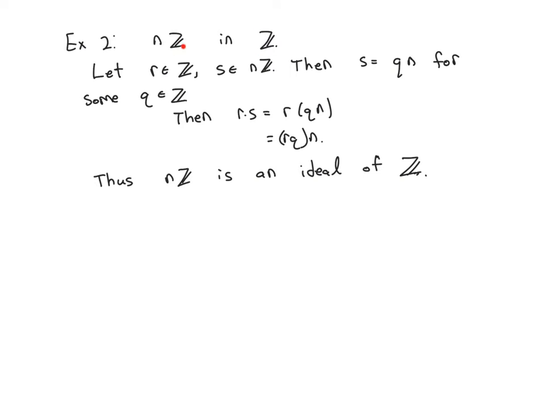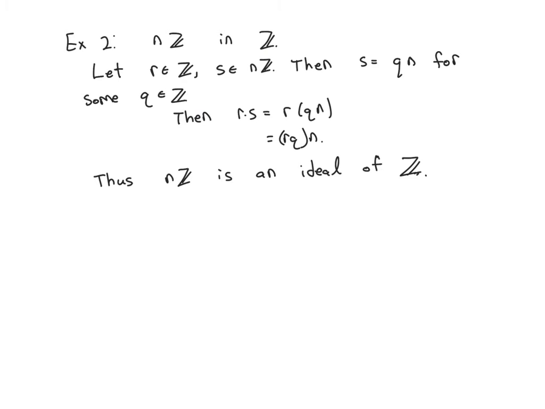So I claim that the multiples of an integer n form an ideal of the integers. Let's prove it. One thing we already know, and we've shown, is that nZ is a subring. So we already have that fact. Because we already know that fact, the only thing we need to check is, given an r in Z and an s in nZ, that rs is in nZ.